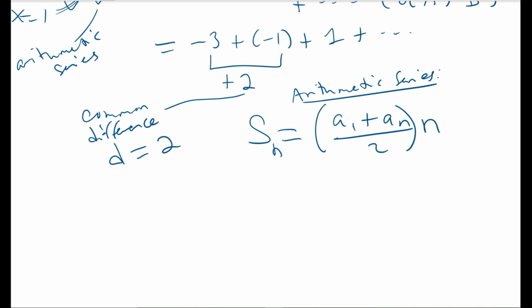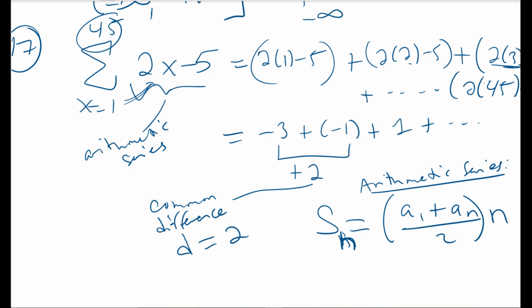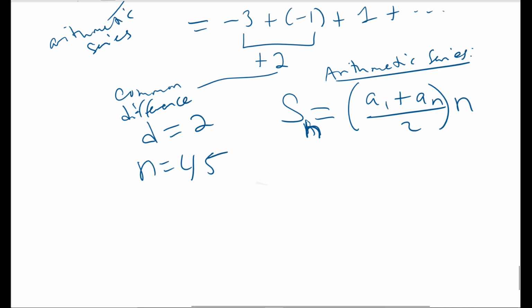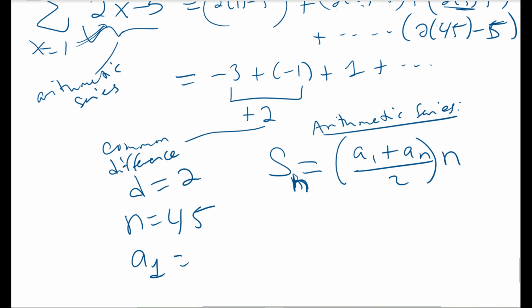So in order to do this, well, n is the number of terms that we want, right? Like the sum of the number of terms. So in this case, n is 45, since we want 45 terms. Okay, so we want n is equal to 45. And A1, remember A1 is the first term in our sequence.